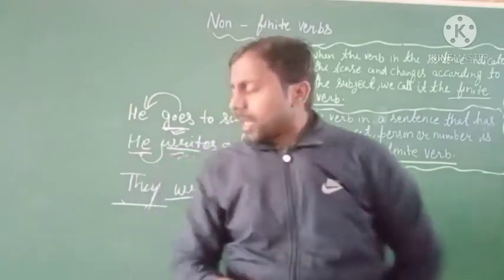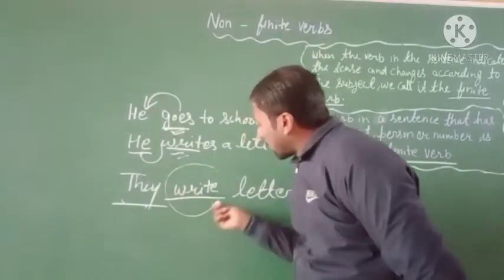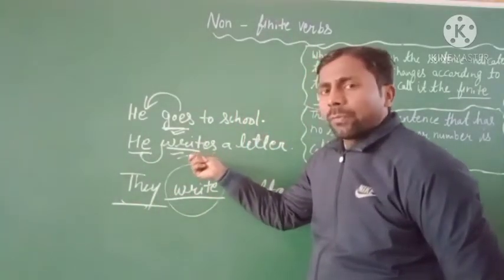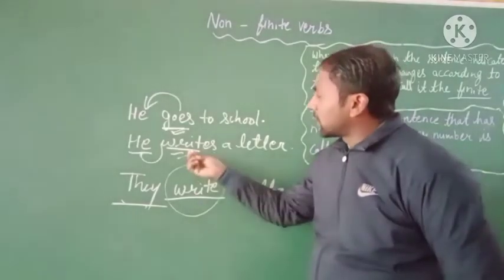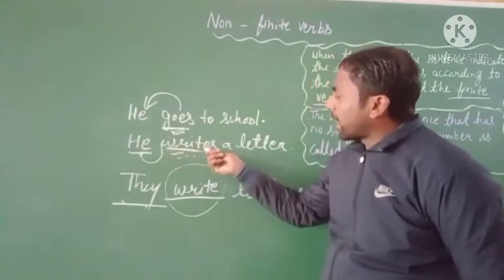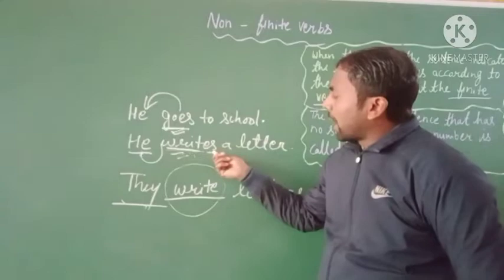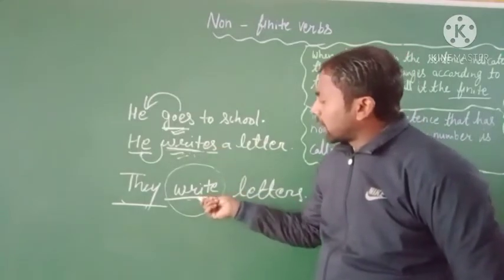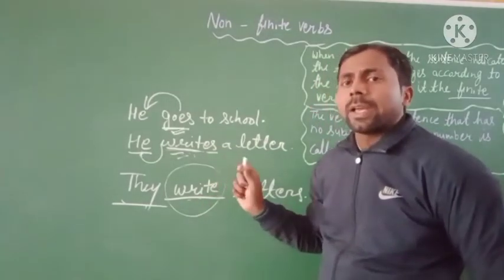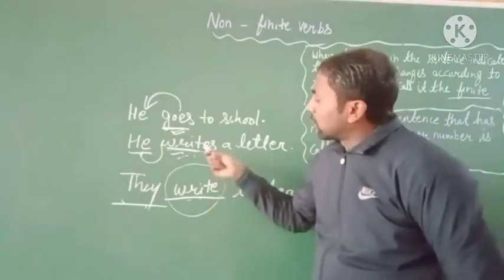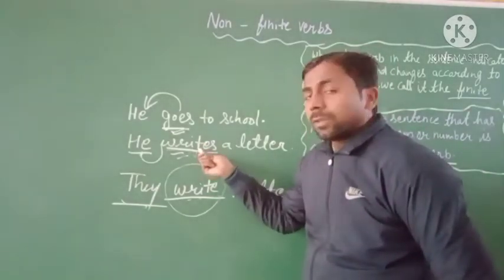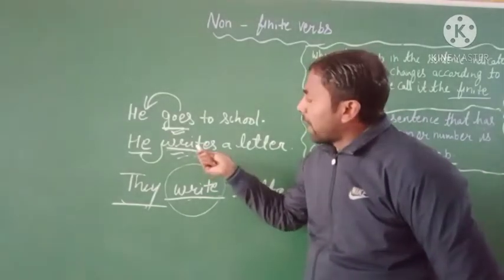You can see here the verb has a different form from the first sentence. In the first sentence, write has used s, and in the second sentence write has no s. It means this is a singular number verb. Why?